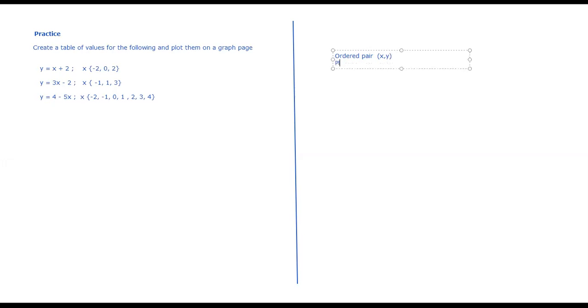We looked at plotting points on the graph, and we saw there's a horizontal axis called my x-axis and a vertical axis called my y-axis. We saw that there were positive and negative regions in my graph.